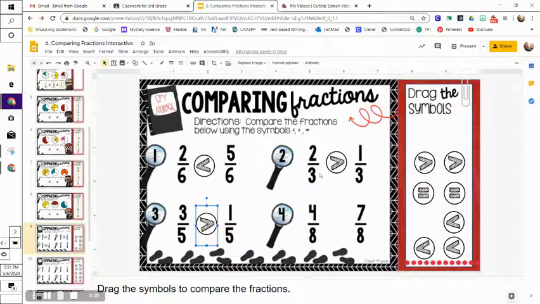So do I want 4 pieces or do I want 7 pieces? Well, if I'm really hungry, I might want 7 pieces of that pizza. So 4 is going to be less than the 7. So I'm going to grab my less than symbol. I'm going to drag it on over here. And the way you would read this would be 4/8 is less than 7/8.